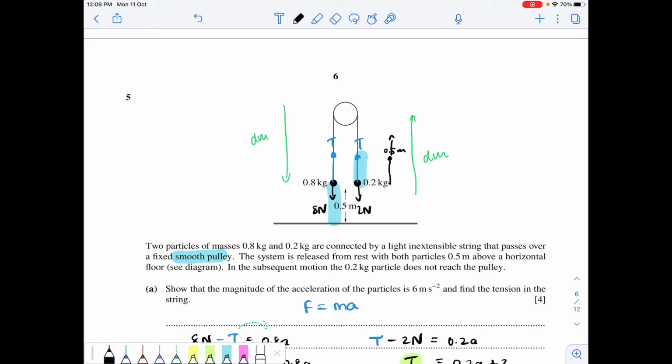So what we're going to do is calculate the speed the moment that the 0.8 kilogram particle touches the ground, and we can then work out what the small distance is after that.